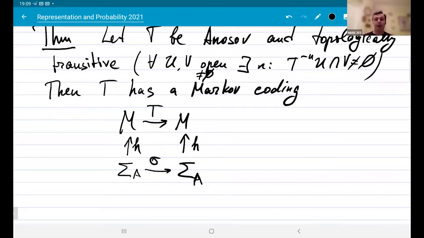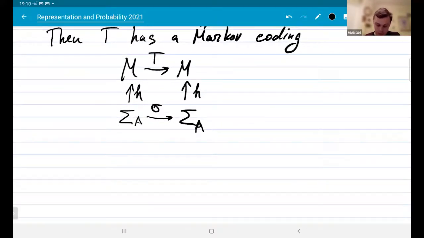Okay, but this is not too good for our ergodic discussion, because of the following. We want to have an invariant measure.